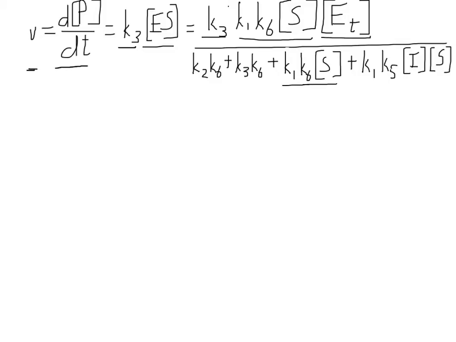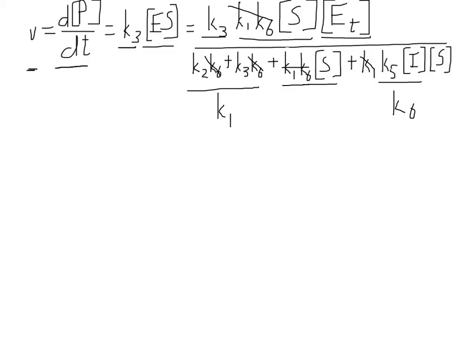When we do that, we get significant simplification. So what I'm doing is showing you the result of multiplying the numerator and the denominator by 1 over K1 times K6. So let's rewrite this.